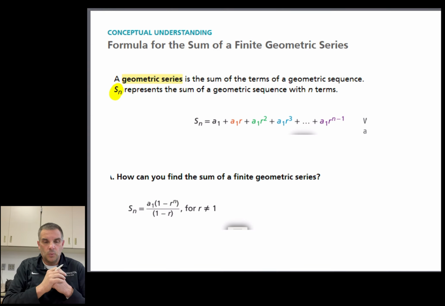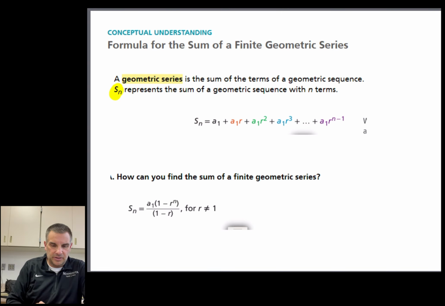Now, we can find the sum of a finite geometric series. Instead of adding them up all the time, there is a formula for this, and this is the formula that we are going to use. S of n, the sum of the first n terms, is equal to A1 times 1 minus r to the n, all divided by 1 minus r.